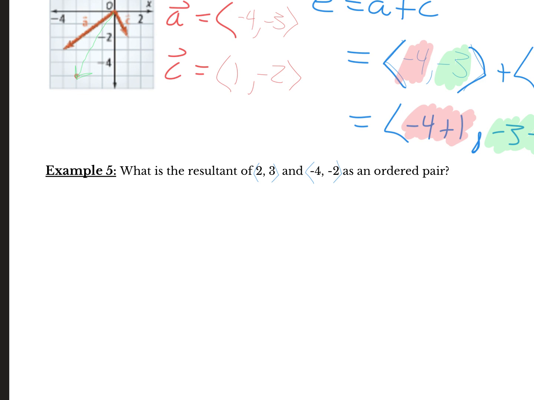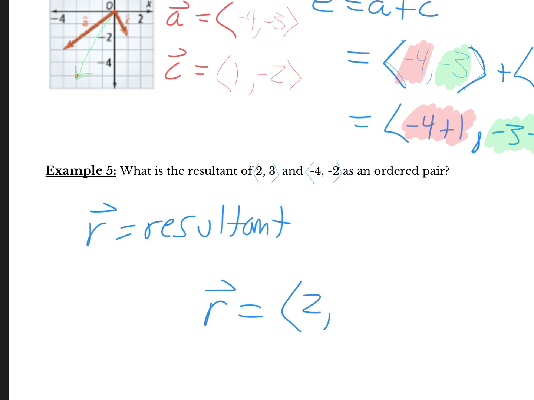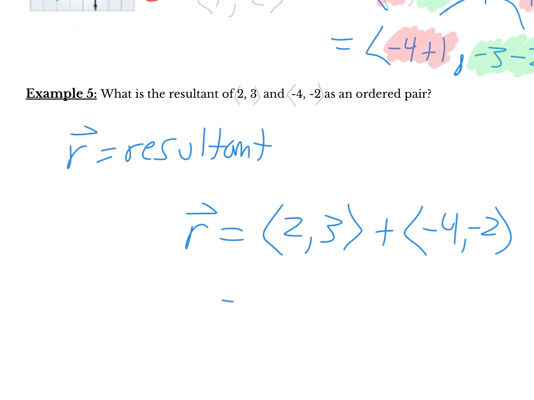I'll assign a variable: vector R will represent the resultant. Vector R is just going to equal the sum of these two vectors. So I'll take vector 2, 3 plus vector -4, -2. Adding these together, I add the x values, so 2 plus -4, and then the y values, 3 minus 2.